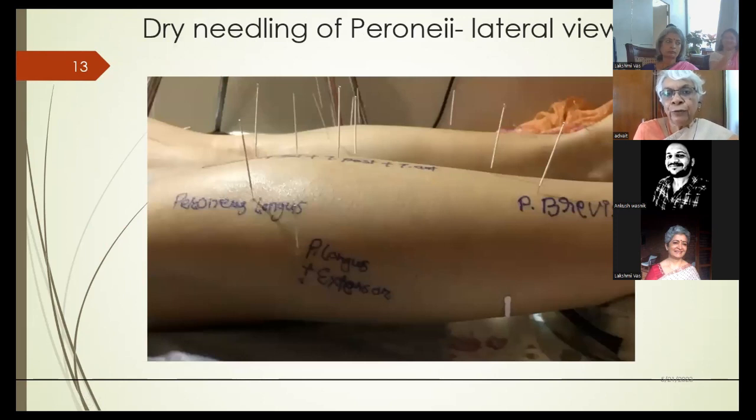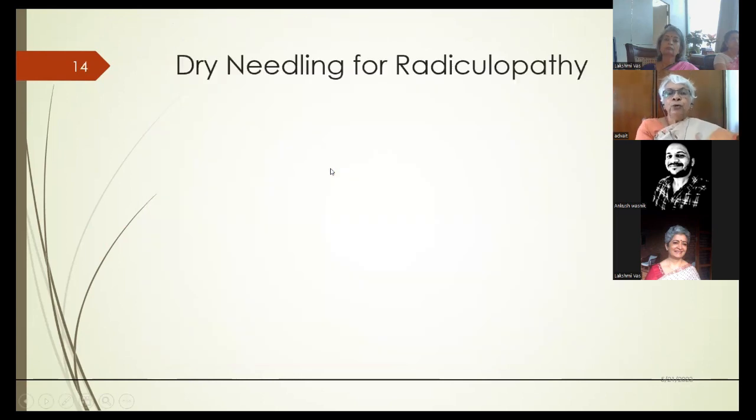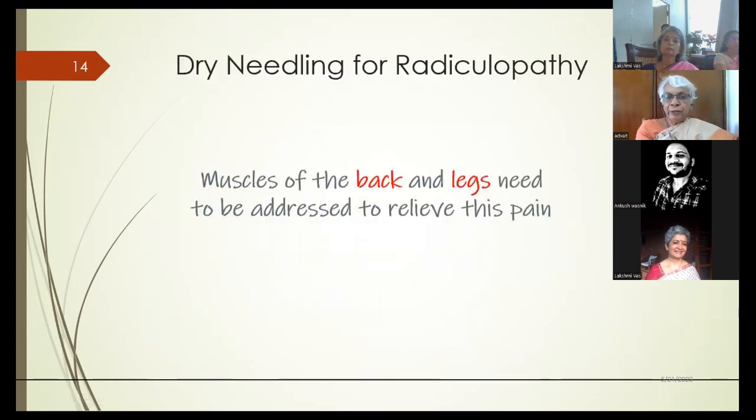Again, another view of the calf: you can see the peroneus longus and brevis along with the gastrocnemius. So when you do dry needling for radiculopathy, along with the muscles of the back, we also need to address the muscles of the leg to relieve the pain satisfactorily.